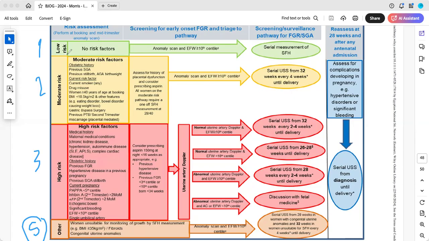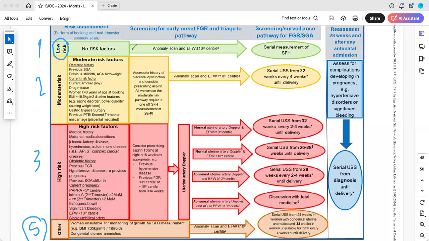Moderate risk factor or low risk factor or high risk factor. Which one to start with? Of course, it's the low risk. If we have no risk factors, okay, guys, if you do have comments, please write it down, and we will discuss it at the end, please.